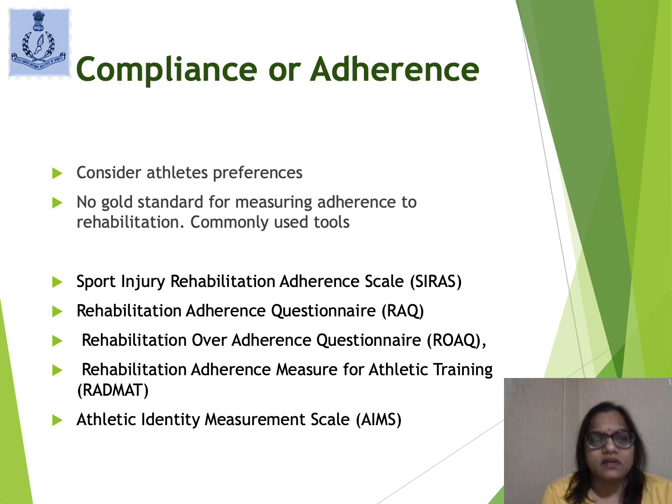For example, there is the Sports Injury Rehabilitation Adherence Scale, SIRAS, a rehabilitation adherence questionnaire, a rehabilitation over-adherence questionnaire, the Rehabilitation Adherence Measure for Athletic Training, RADMAT, or the Athletic Identity Measurement Scale. So if you are suspicious of your athlete's adherence, then you can measure it by using any of these tools.